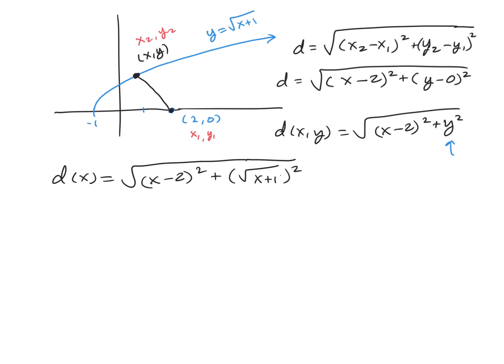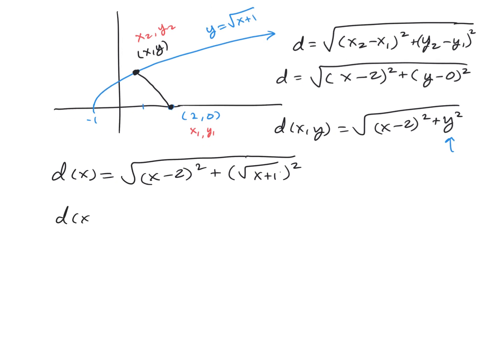squared. And we can then simplify this down as the square root of x squared minus 4x plus 4 plus x plus 1 from squaring the square root.